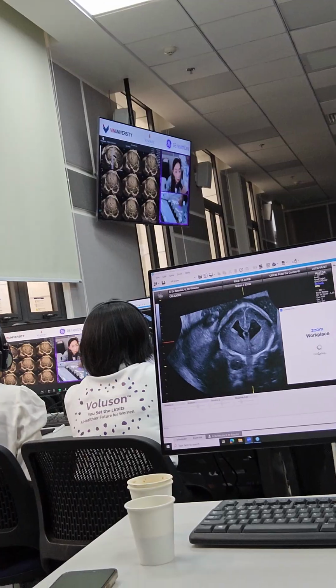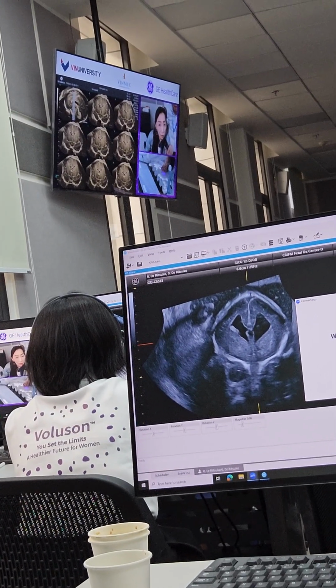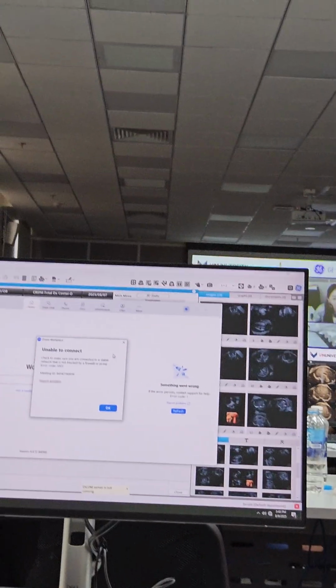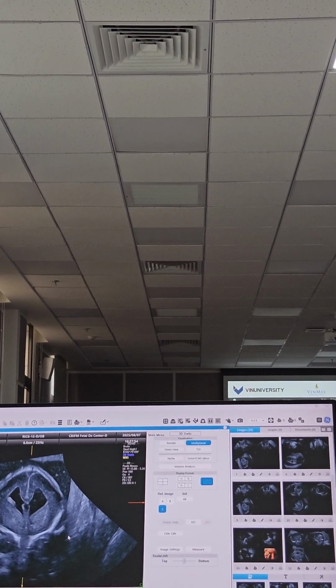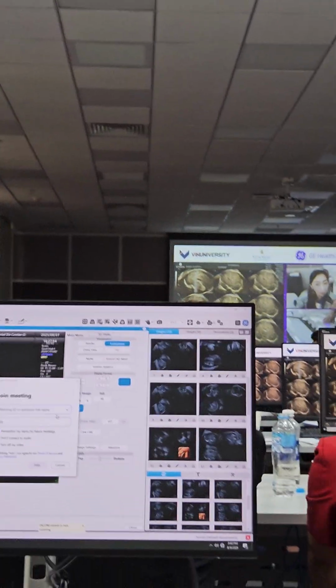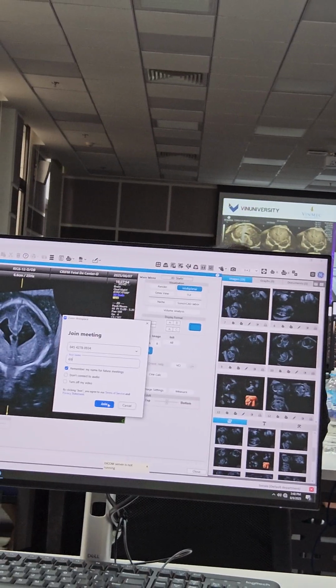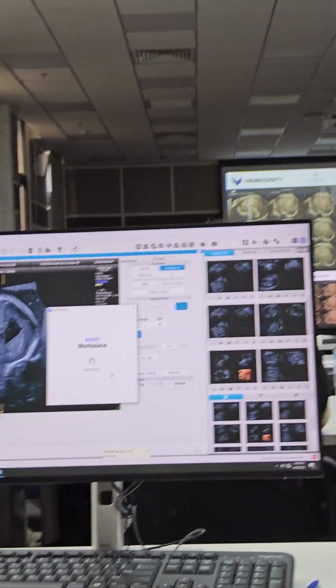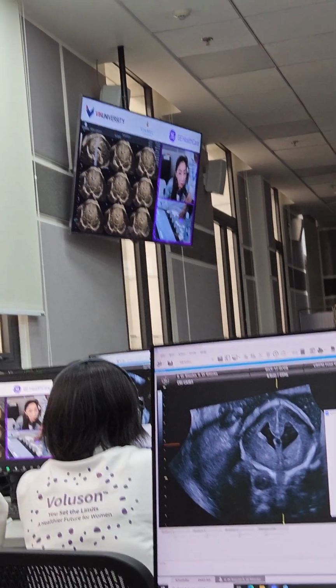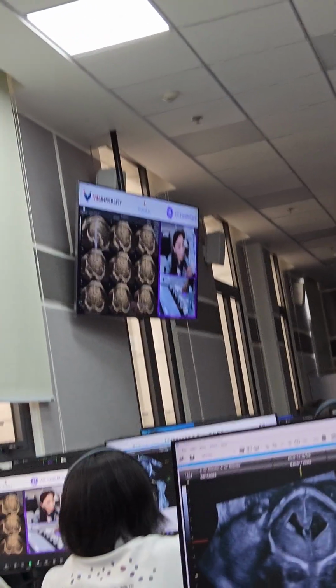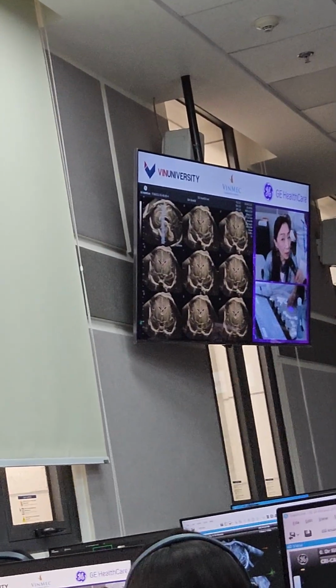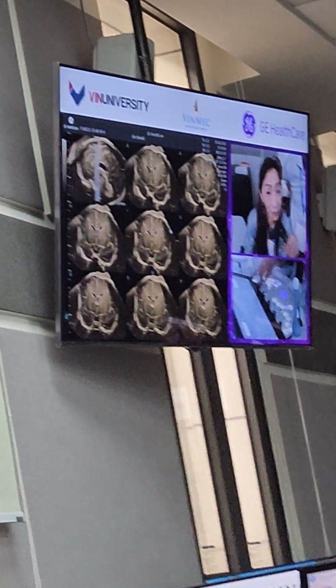There is overgrowth, a little bit bigger BPD, and an asymmetrical structure of the gyrification. It might be somewhat of an abnormal gene variant.